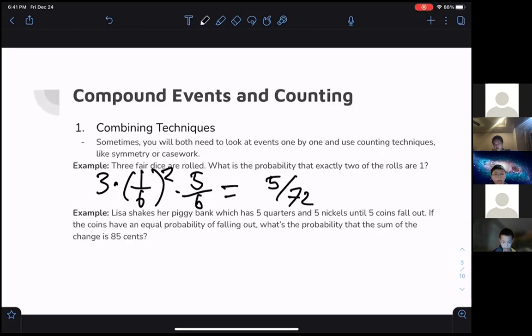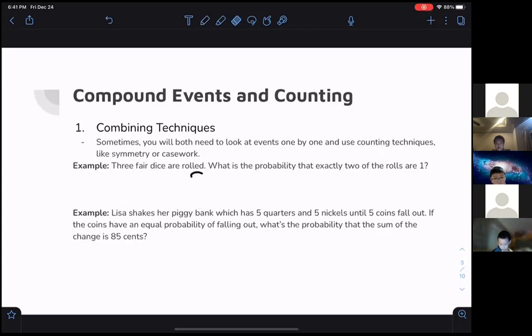Otherwise, there are some other slightly different ways to do it, but I won't really go over that since this is simple enough. And now I'll give everybody a little bit of time to work on the second one.